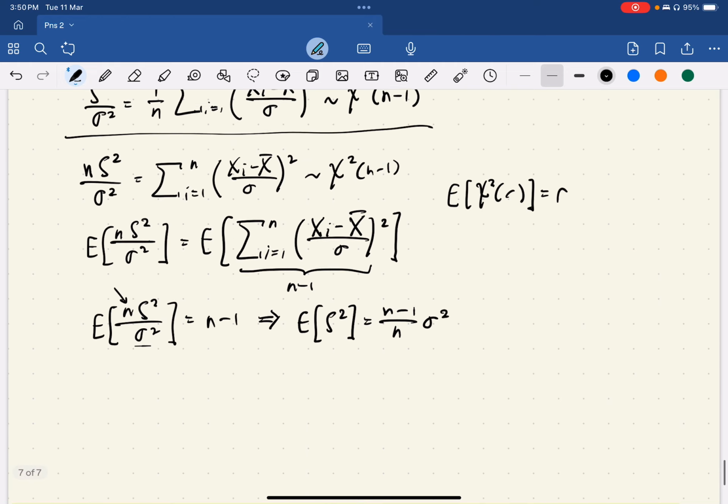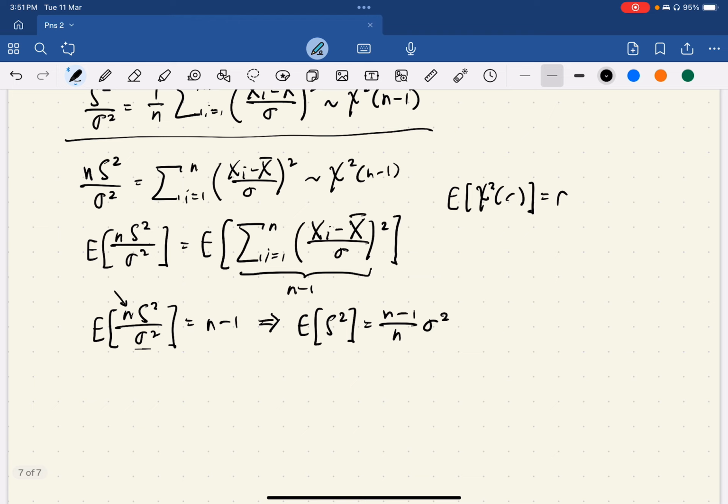But we wanted to find the unbiased estimator of the variance. So what can we do to make this return the true value, which is sigma squared?